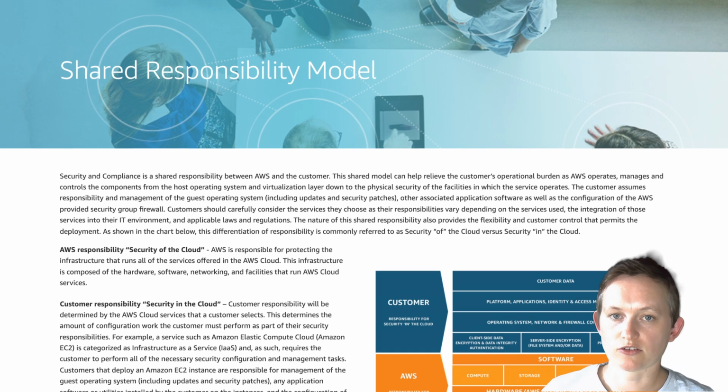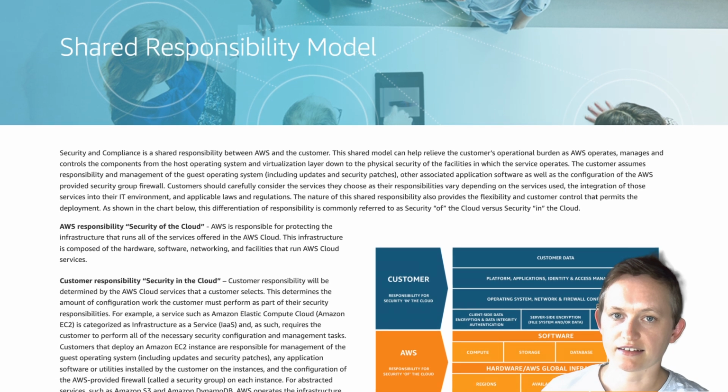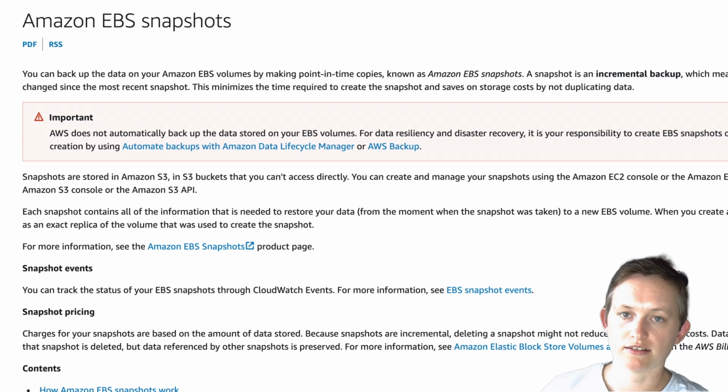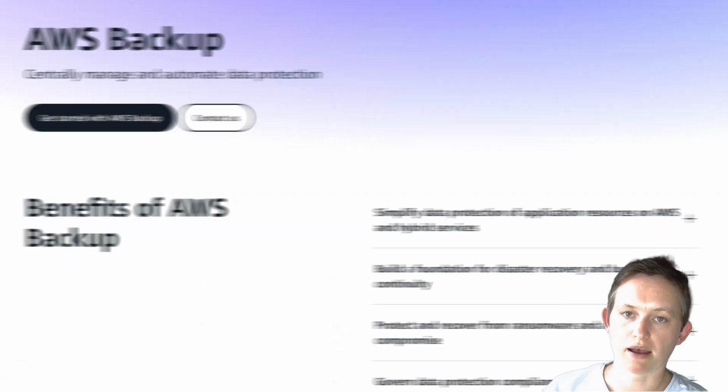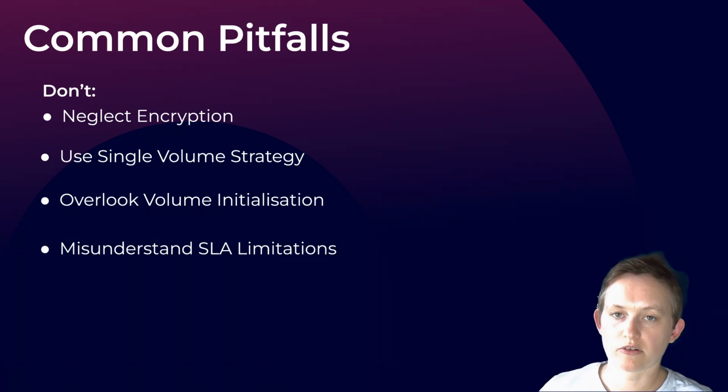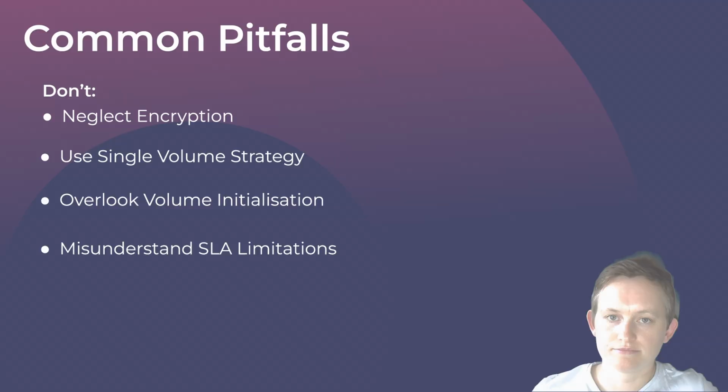So in order to protect your data and prevent accidental deletion of volumes, make sure you're backing up your volumes with EBS snapshots or AWS Backup, which we previously discussed in another episode. And to further protect your snapshots, make sure that you're using the AWS Recycle Bin feature, where you can basically recover any accidentally deleted snapshots.